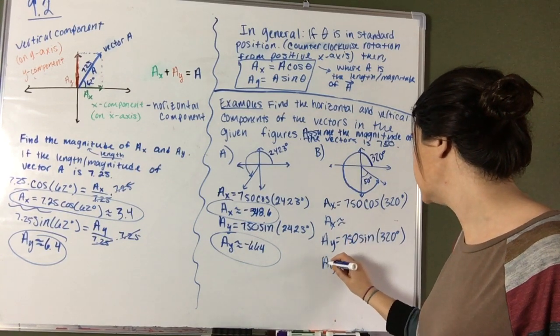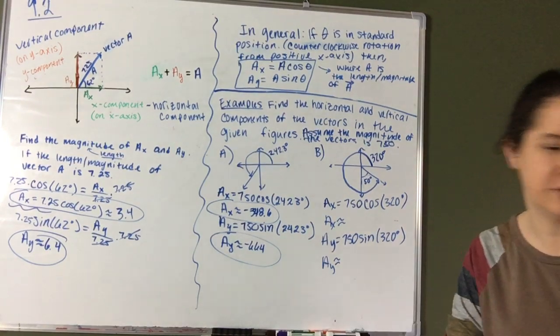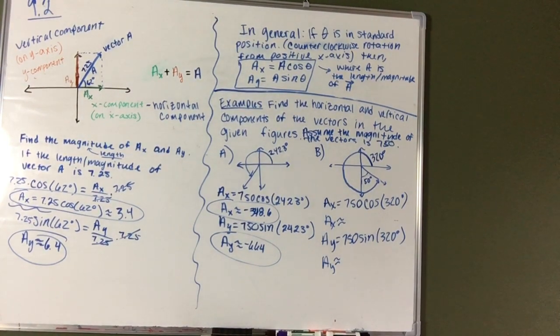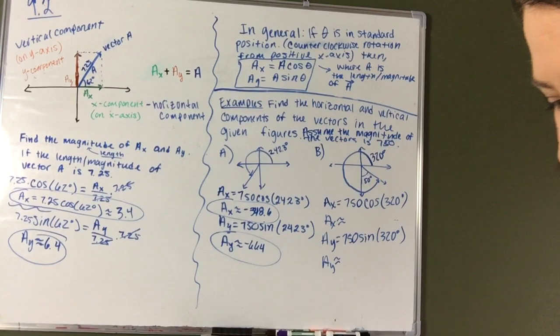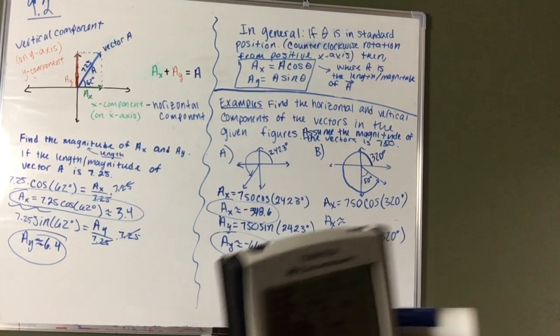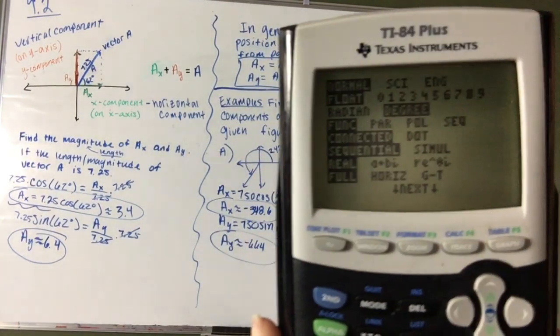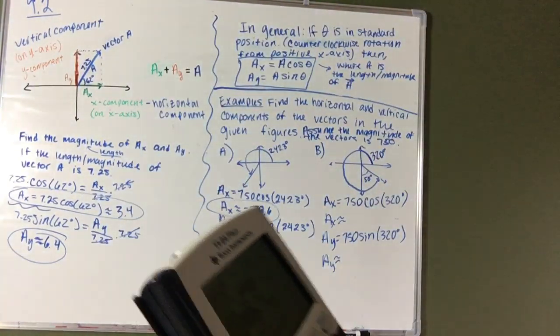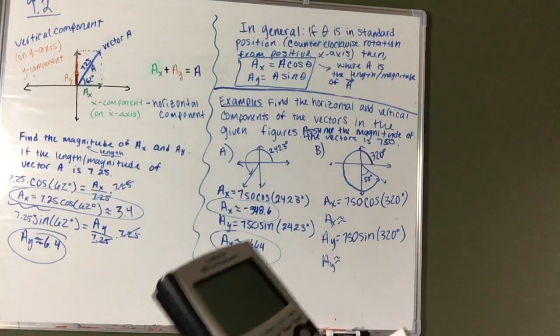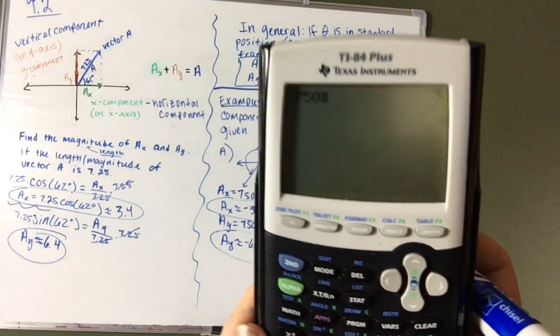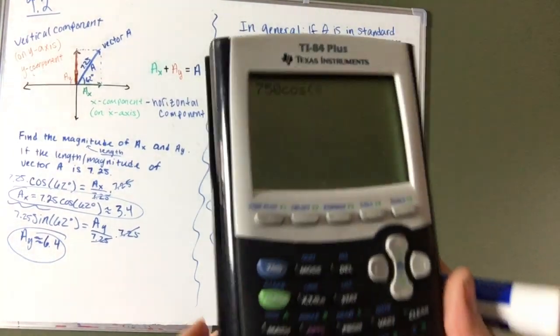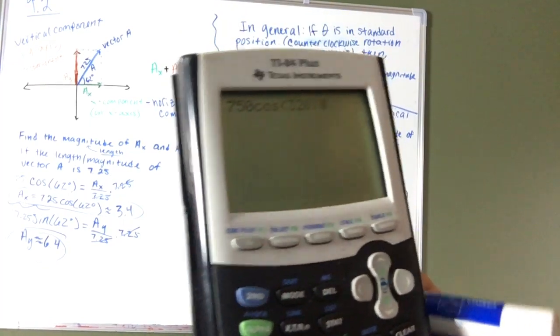I don't have these answers written down, so I'm going to grab my calculator and we'll type this in. We're working in degrees for this, so you want to make sure that your calculator mode is set to be in degrees. Okay, so I switched mine over to degrees. Gonna enter this in. 750 times cosine of 320 degrees.